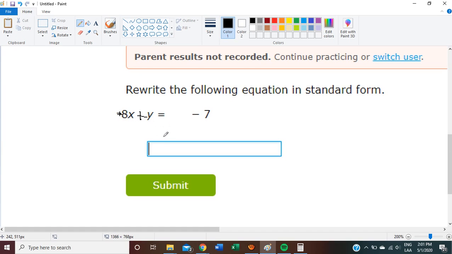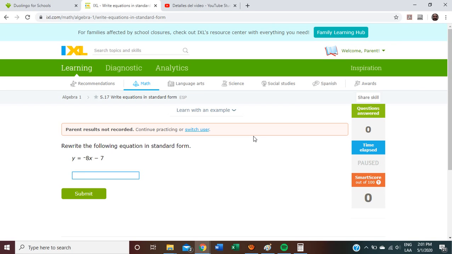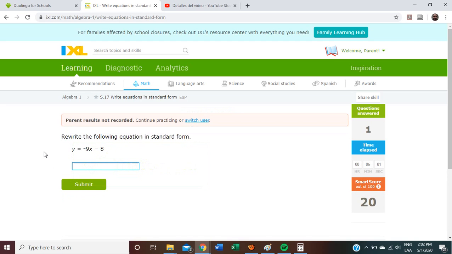Now it is 8x plus y equals -7. Okay, so we do that: 8x plus y equals -7. Okay, we submit it, and that's right.